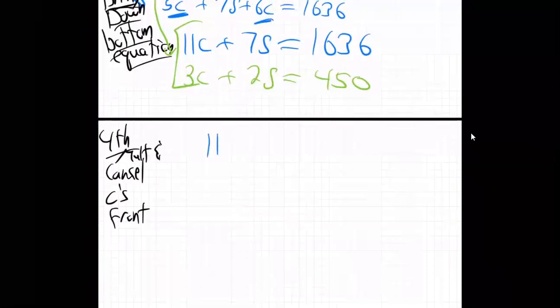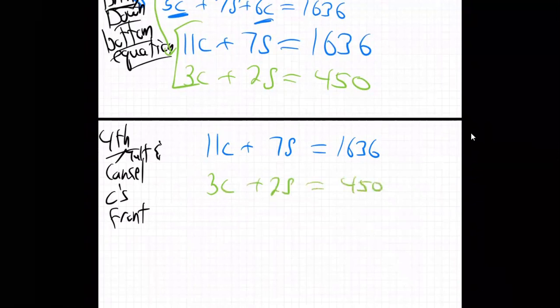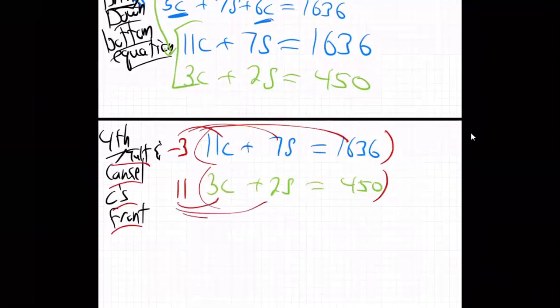So I'm going to take this 11C plus 7S, 1636, 3C plus 2S is 450. And I've got to multiply this one by -3 and that one by 11 to get those C's. Multiply to cancel the C's in the front, right? Boom, that'll make that -33. And this will be +33, and I can cancel.